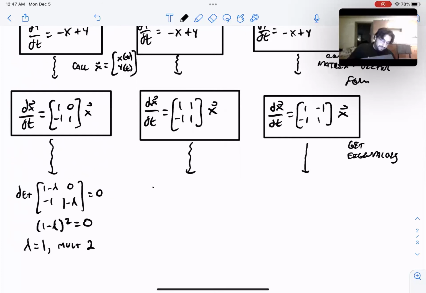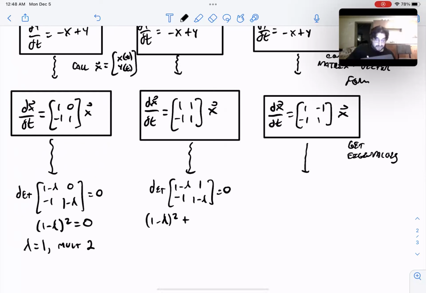Here, what happens? I have the determinant of [1 minus lambda, 1; -1, 1 minus lambda], and I set that equal to 0. So now I get (1 minus lambda) squared, and here I get plus 1 equals 0, because on the off diagonal, I have a negative already, and I subtract again.